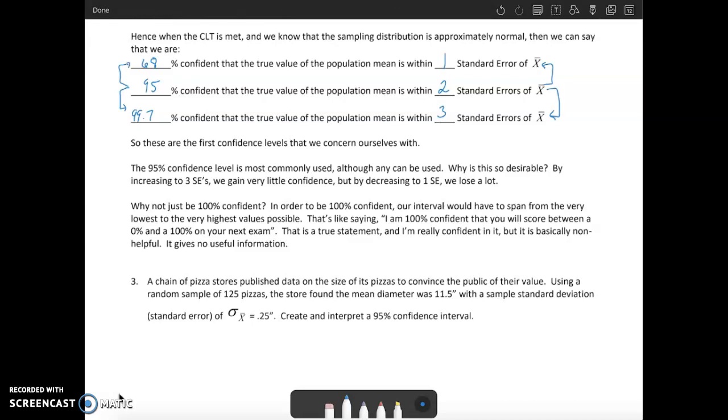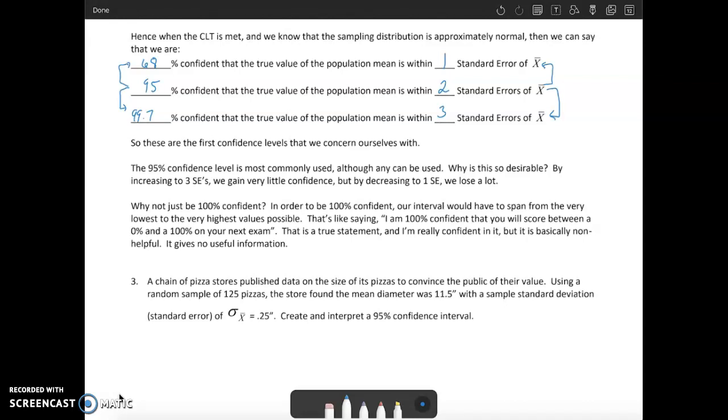The question is always asked, why would we not want to be 100% confident in our statements? That seems like it would be desirable. I want to say something with total confidence. It's a great thought. But in order to be 100% confident in your statement, your interval would have to span from the very lowest to the very highest values possible. That would be like me saying that I am 100% confident that you will score between a 0 and a 100% on your next exam. That's a true statement, and I am totally confident in it, but it's not helpful at all.